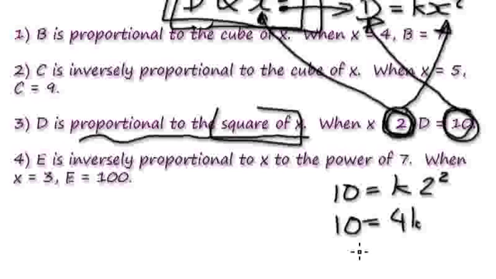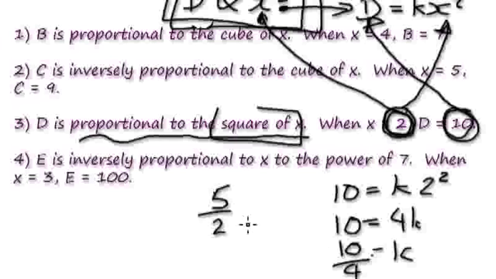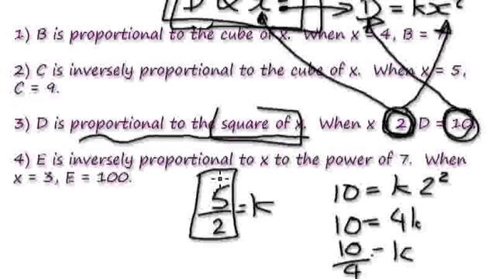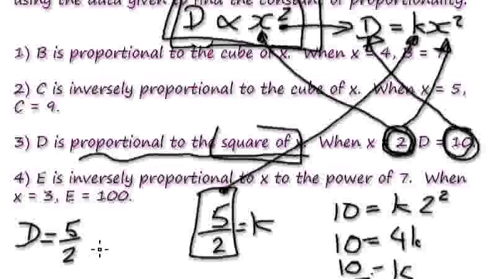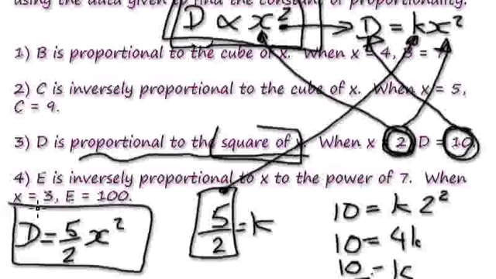So divide both sides by 4. 10 over 4 equals k. Simplify it. Divide top and bottom, it would be 5 over 2 equals k. So this is our value of k here. Put this k back into this. So the relationship between the two would be d equals 5 over 2 x squared. So this is your answer here.